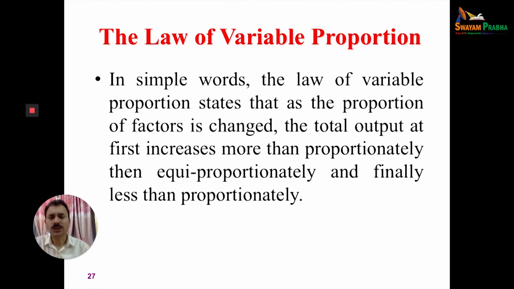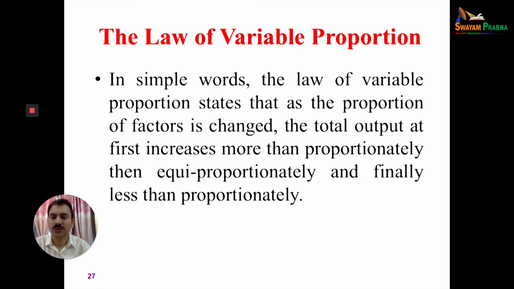Simply, you can say that as the proportion of factors is changed, the total output first increases more than proportionately. The proportion in which we change the variable factor, the output will increase more than that proportion, then equiproportionately, and finally less than proportionately.